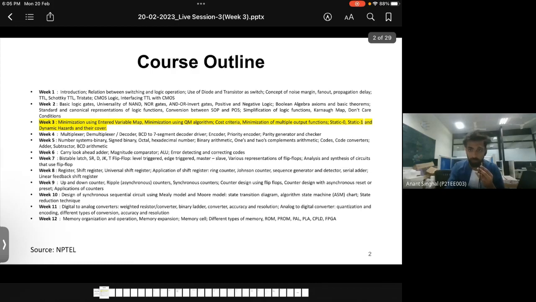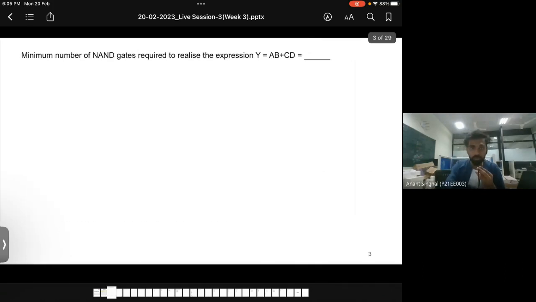Whenever anyone has any query, they can post it on the chat box. I told you specifically to come up with the solution of those questions beforehand. So is there anyone who has done the questions beforehand? I'll go to the slides. Yeah, so this was a question which I told you to cover.